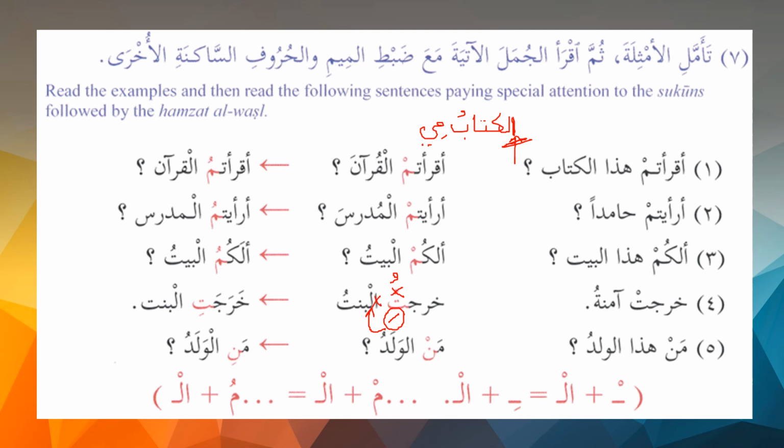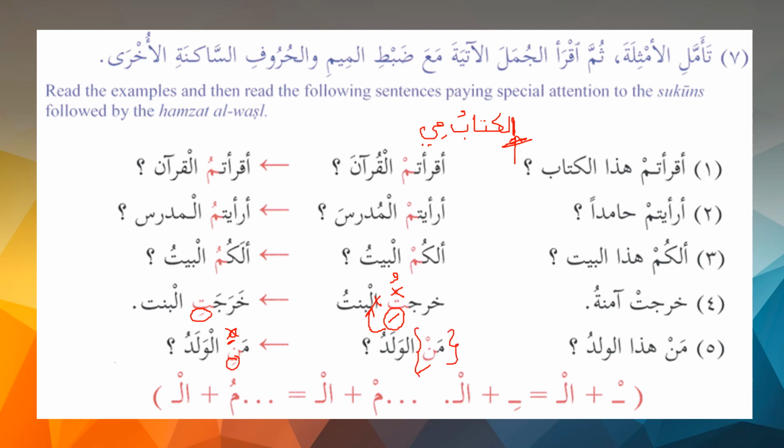Kharajatil bintu. So here you can see a kasra. And man hadha al waladu, man al waladu. So what are you doing here? Manil waladu. You cannot say manal. Manal is no word in Arabic. So that's why the sukoon has been removed and a kasra has been given under the noon for the questioning tool man.